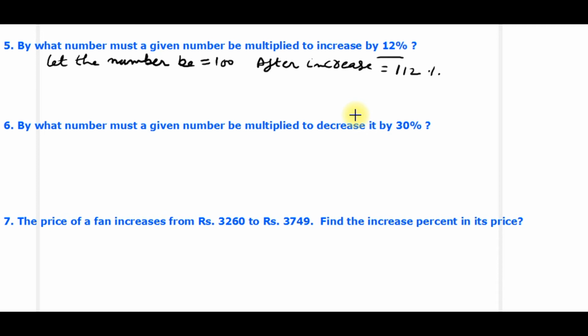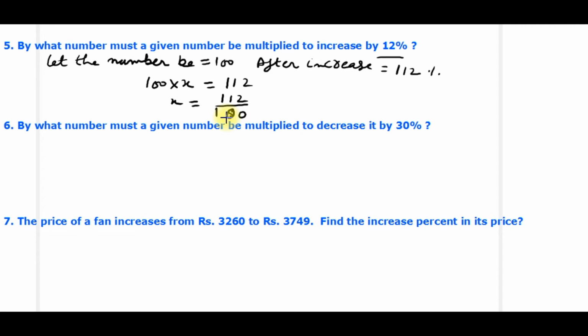So by what number? Suppose by multiplying 100 with x it has become 112. So therefore our x would become 112 upon 100, right.